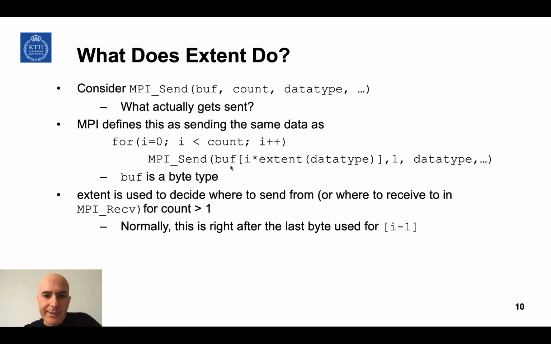So here is basically the starting address of buf, plus the counter multiplied by the extent of the data type, where buf is treated as a byte type. So extent is basically used to decide where to send from, or where to receive to in MPI receive, in a message where we send more than one of these data types.